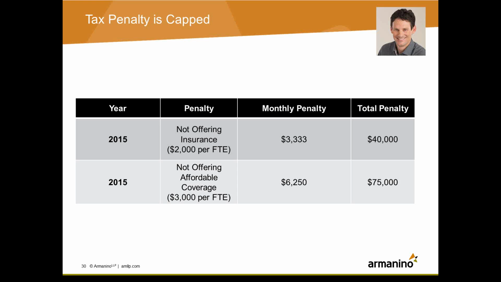That would have been $140,000, which is more than the penalty you would have had for not offering the affordable coverage, which was the $75,000. So you can see there it's a $35,000 difference in this case. So you would have saved $35,000 under the transitional relief.